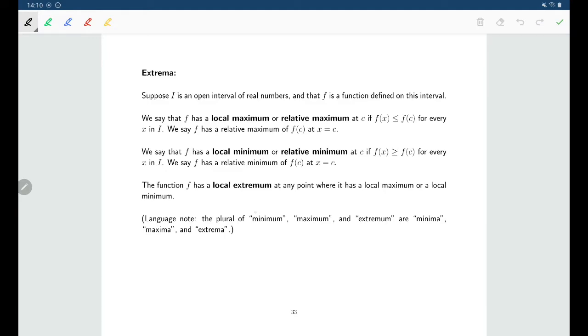For words like minimum, maximum, and extremum, those Latin words, the plural of them would be minima, maxima, and extrema. So when you hear me say minima, I'm actually referring to the plural of minimum. So more than one local minimum would be local minima. And more than one local maximum, they would be local maxima. More than one extremum, that would be extrema.